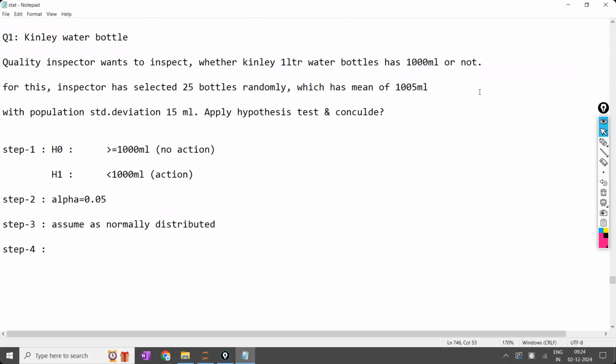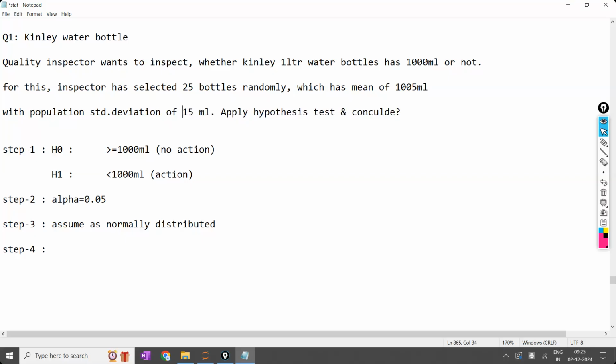For this, the inspector has selected 25 bottles randomly, which have a mean of 1005 ml, with a population deviation of 15 ml. Apply the hypothesis test and conclude.